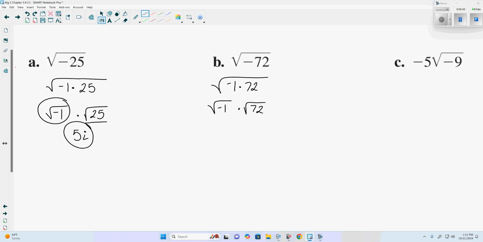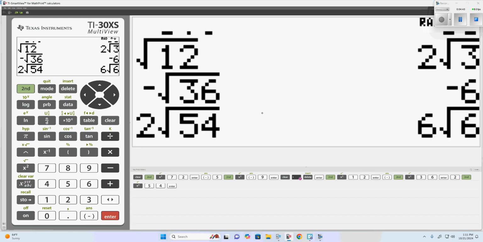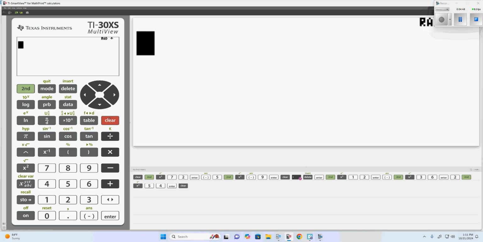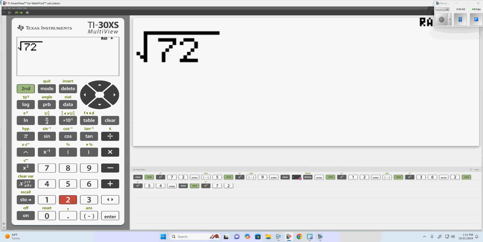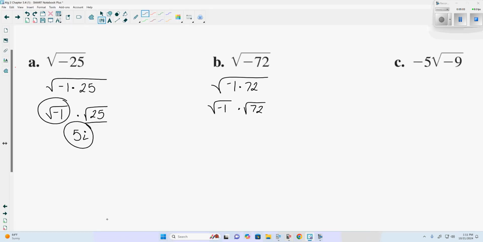So the first thing we can find is the square root of 72. Well, what is the square root of 72? Well, it's probably not going to be a nice number. So the calculator will reduce radicals for us. So the square root of 72 is 6 square root of 2.